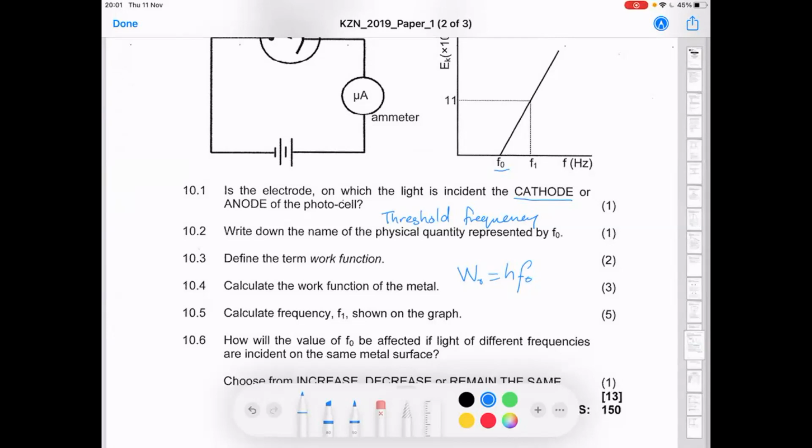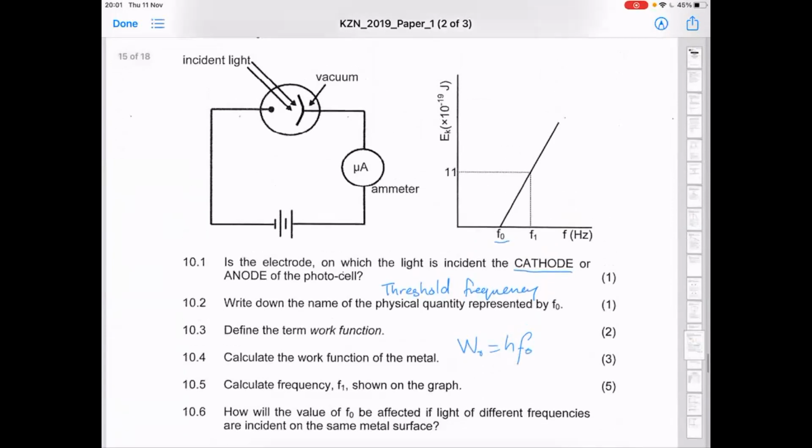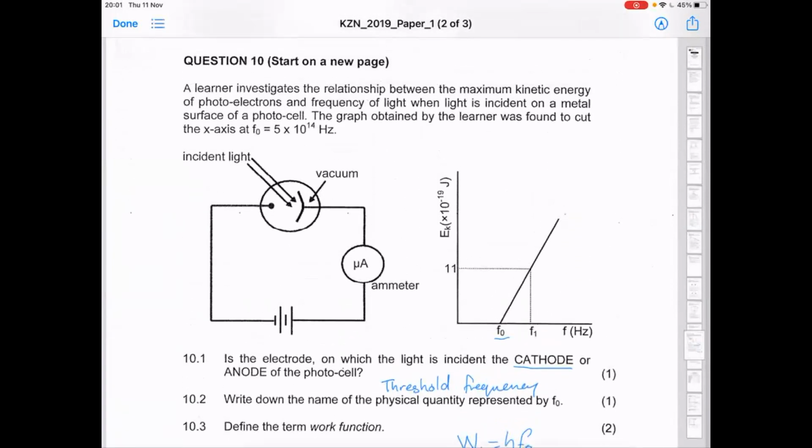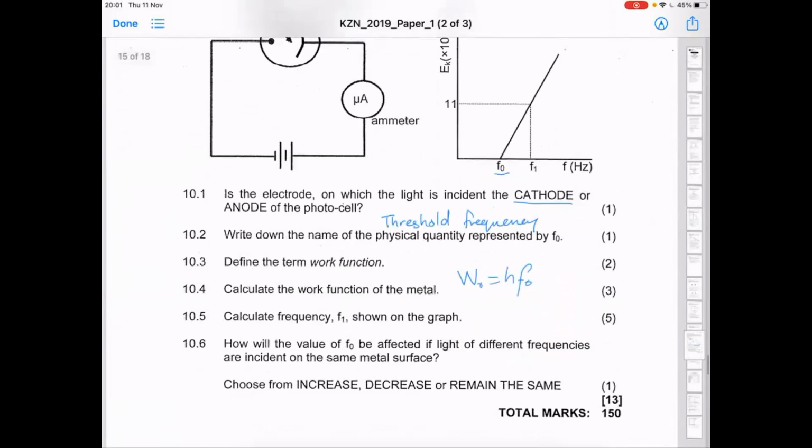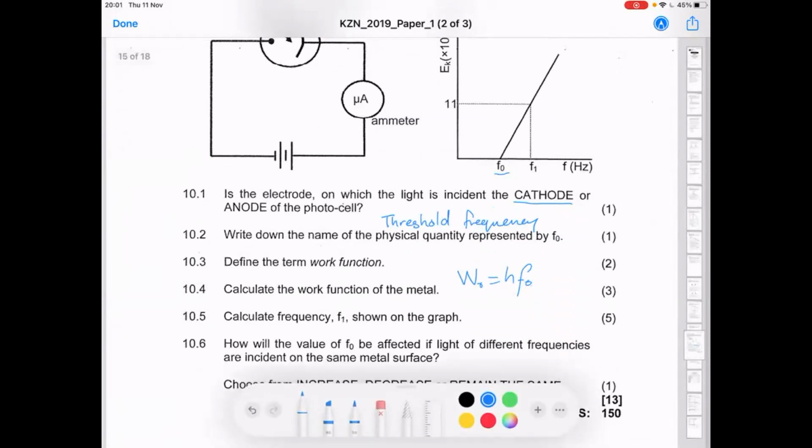And f0 is what they've told us here, 5 times 10 to the 14. So you just put that into this equation, the Planck's constant from your table and the threshold frequency, and you will get the work function.